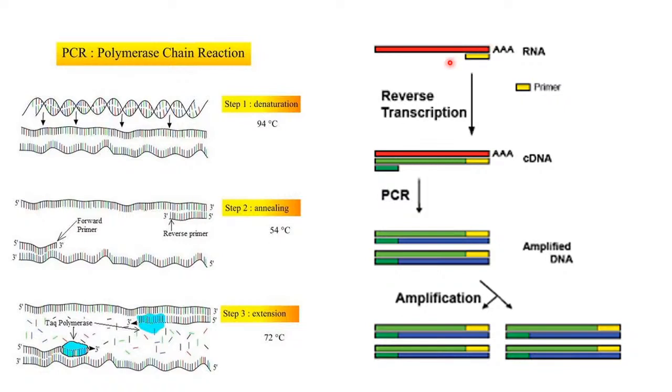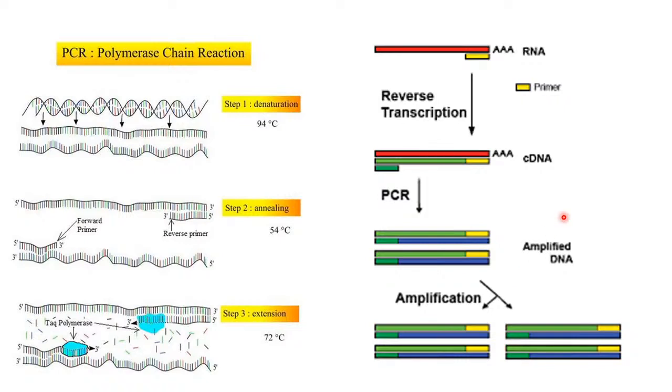If initially more RNA was present, then you have more cDNA. More cDNA means more amplified DNA, faster amplified DNA. And you can study this information to understand whether a gene is making a high amount of mRNA, a low amount of mRNA, or a moderate amount of mRNA.